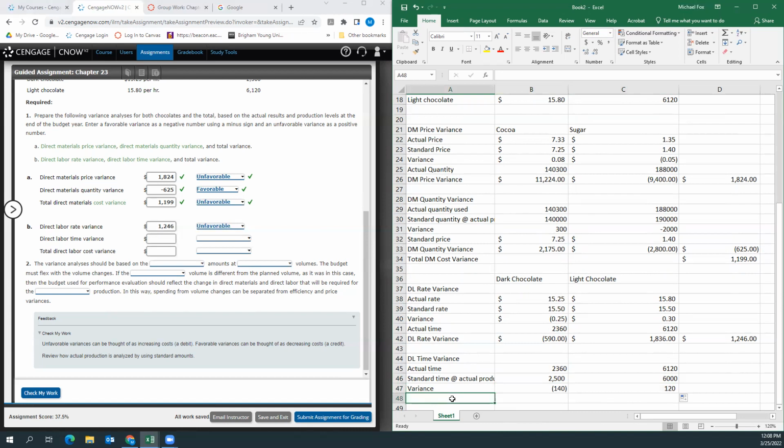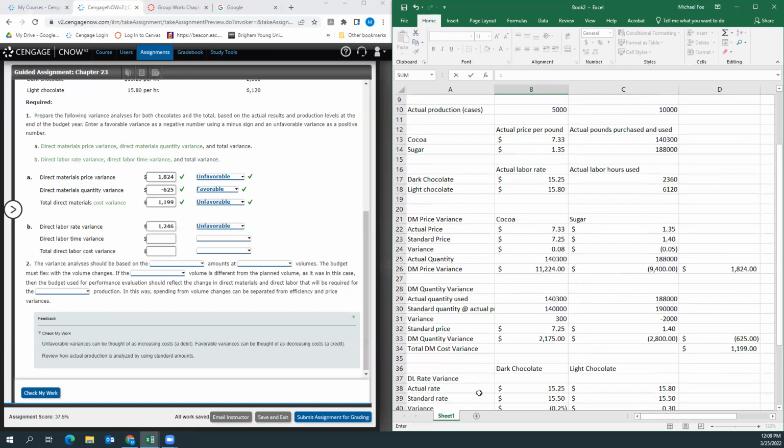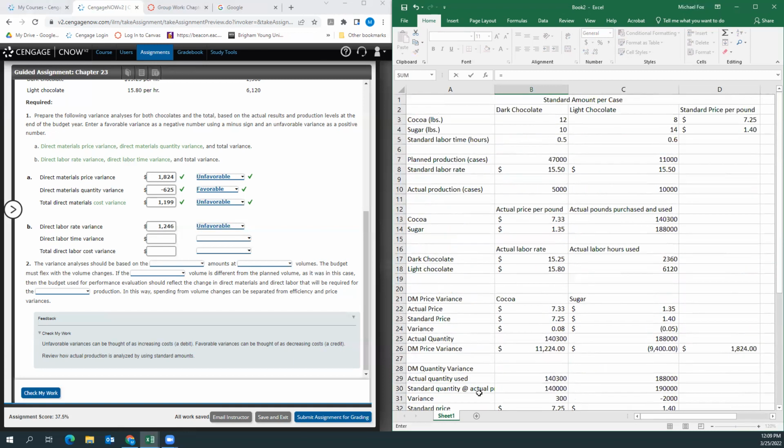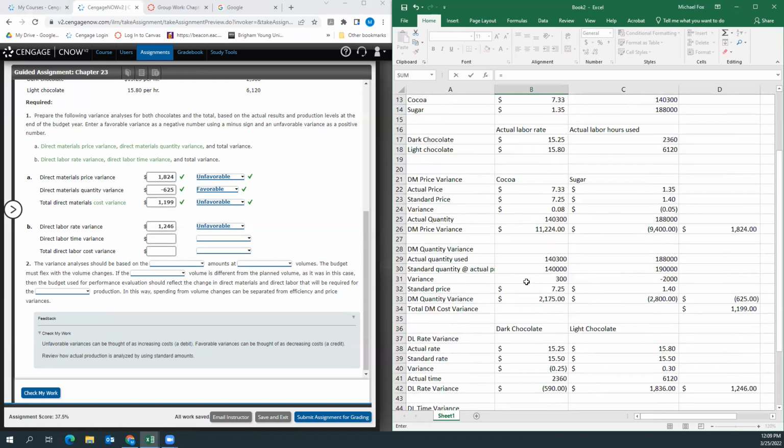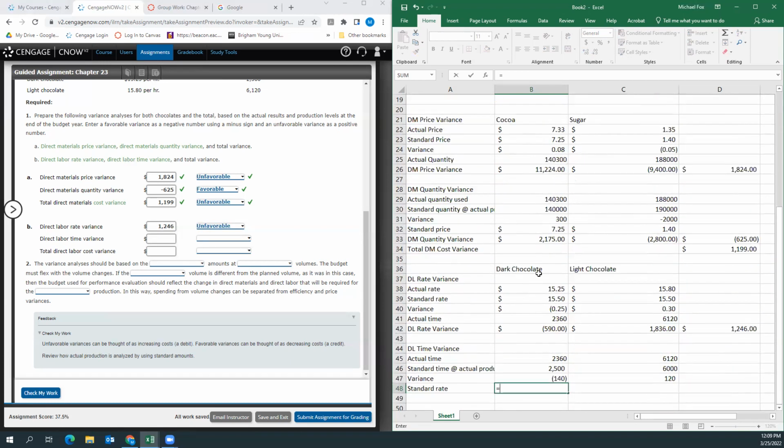So to convert that from hours into dollars, I'll multiply this by our standard rate. Our standard rate was $15.50, I believe. Yeah, standard labor rate. That's what we expect it's going to cost.